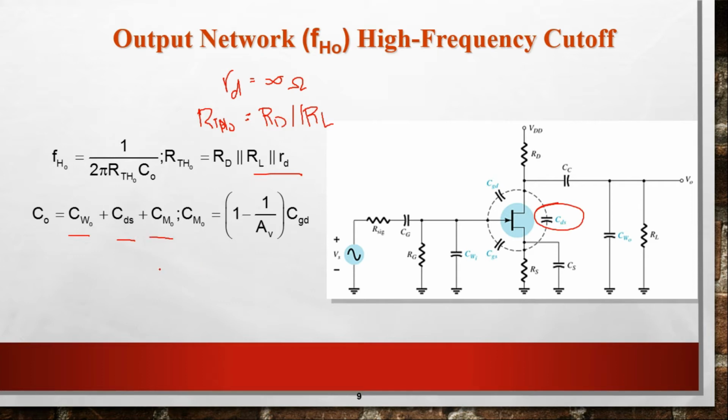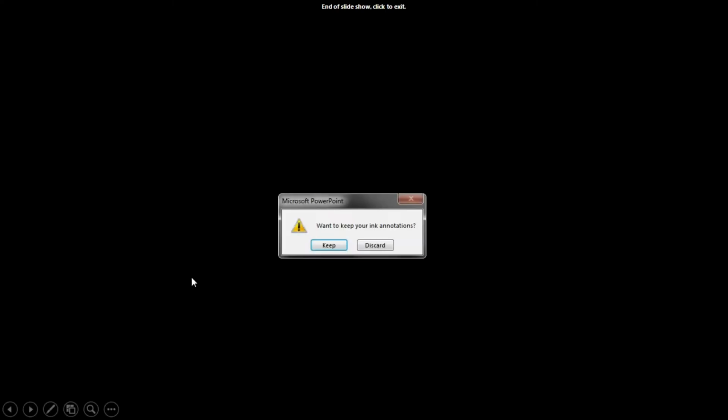Okay, the effective Miller capacitance is determined by this factor 1 minus 1 over AV, times CGD. And as you can see, may factor tayong AV. So when starting to solve or analyzing the high frequency response of FET, you first have to compute for the value of your voltage gain. Okay?